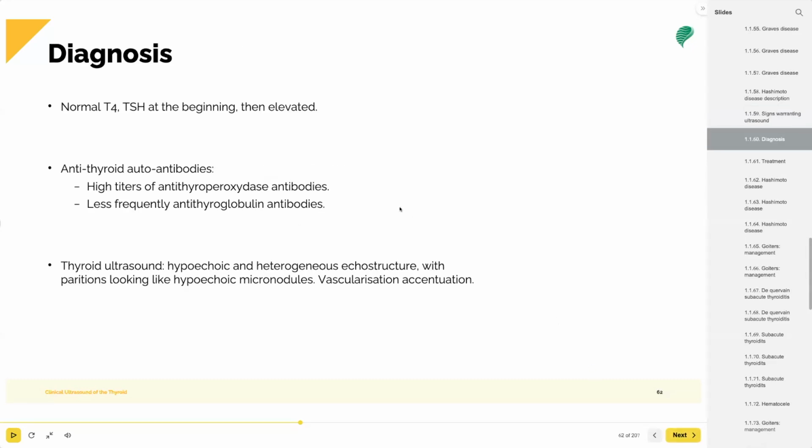On a biological level, the TSH concentration would be measured and evaluated. Antibodies are also tested.